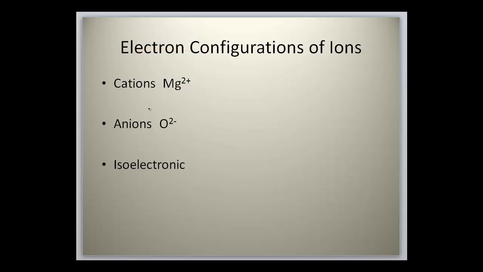Alright, now we want to look at electron configurations for ions. Remember, what we're trying to do is identify the placement of electrons in the atom. So if you have magnesium 2+, magnesium normally has 12 electrons, but magnesium 2+ has 10 electrons. So its electron configuration is going to be the same as it is for neon.